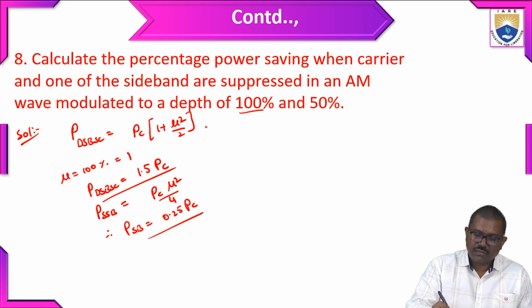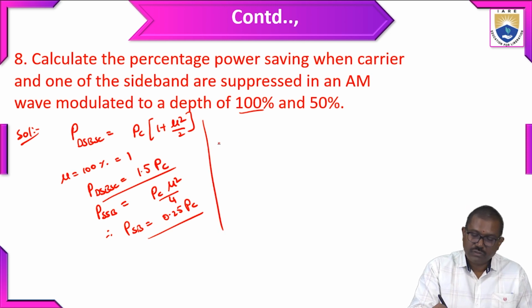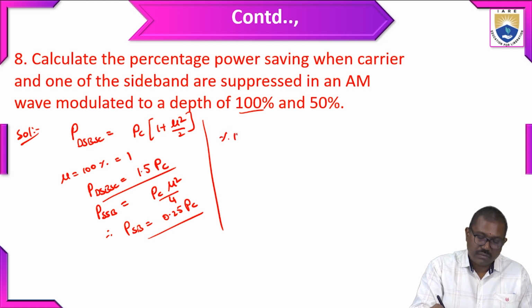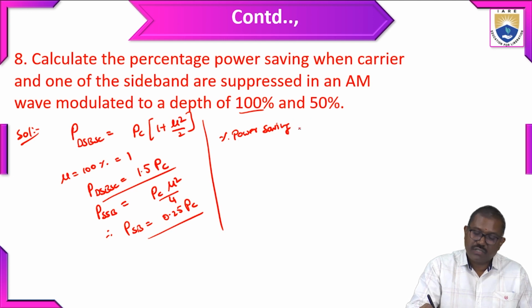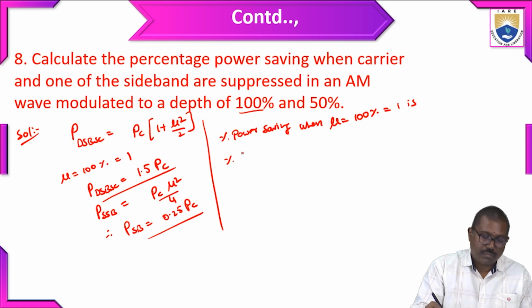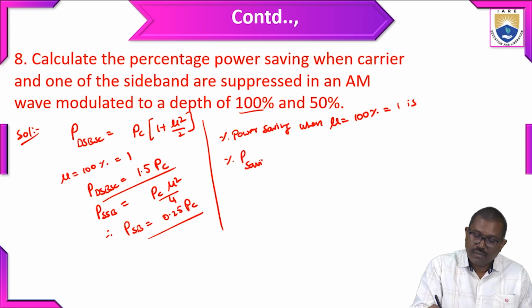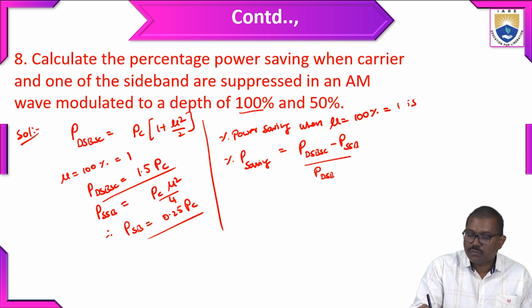Let us start with the first one. Therefore the percentage of power saving when mu is equal to 100% is equal to P DSB-SC minus P SSB divided by P DSB-SC into 100%.